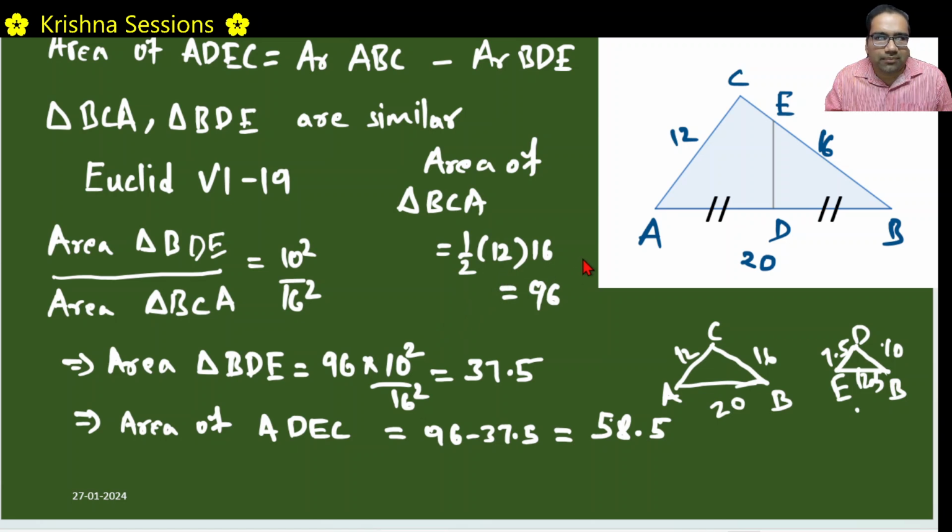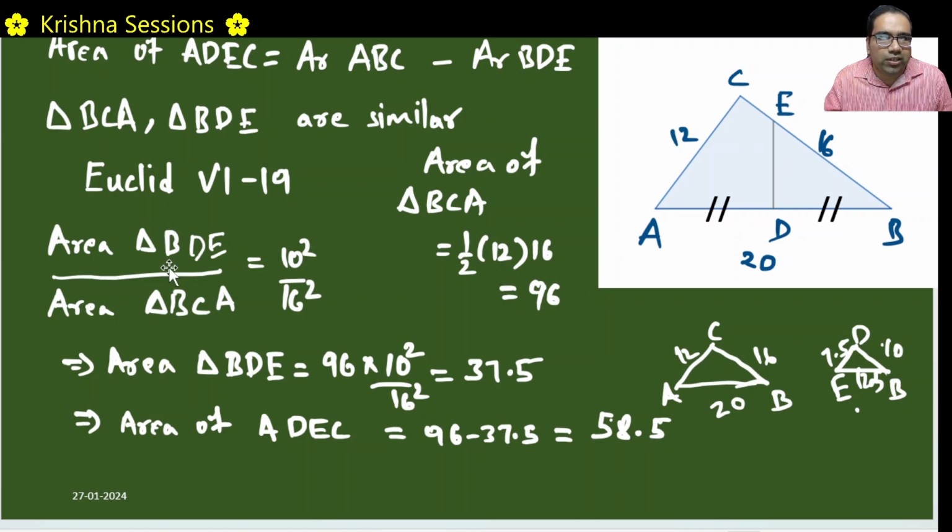At the same time, the area of BCA we can calculate in another way also, because this is base and this is height. We can take whichever base or whichever height. But because this is a right angle, half into 12 into 16 is also the area of BCA, which is 96.